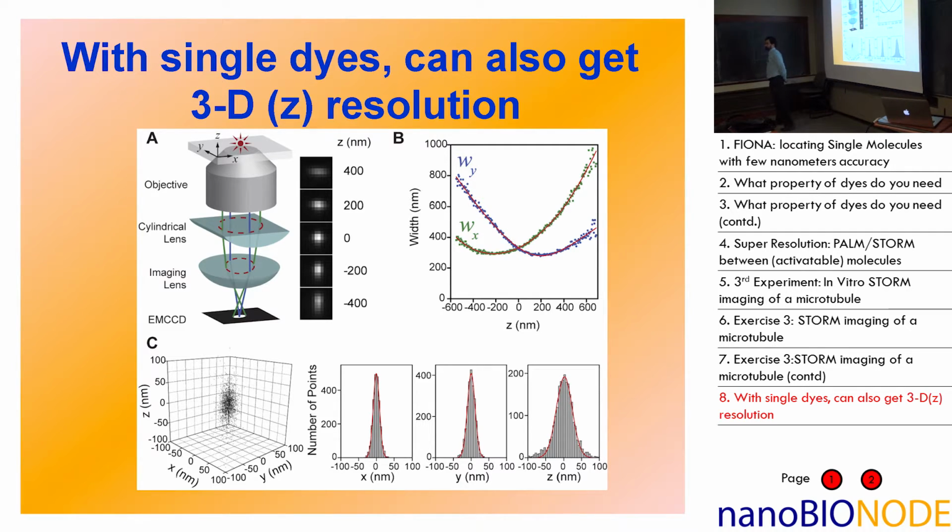The point was very small, does it change? What do you think? Doesn't change? You're collecting all of the light, and you're collecting it on the EMCCD.